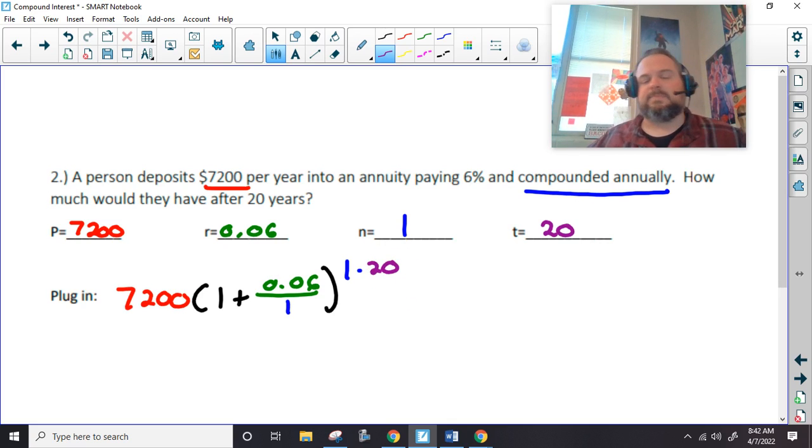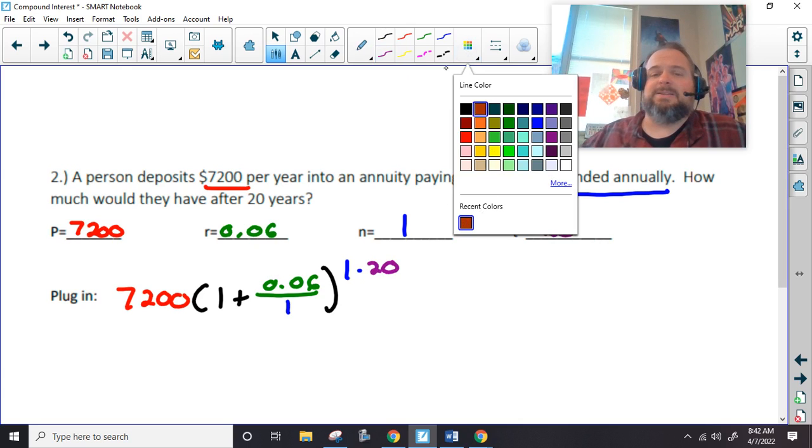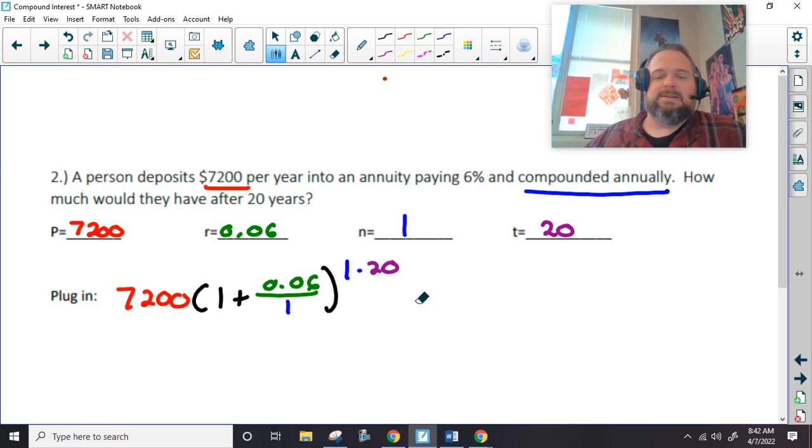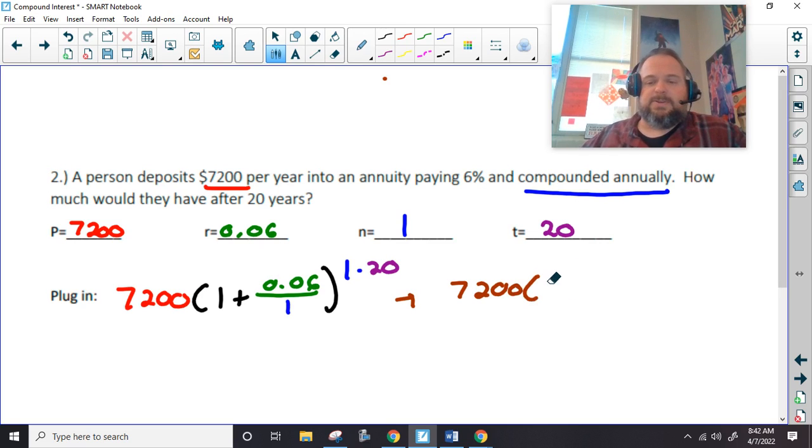Now, that's just me showing you how to plug it in. I would not actually plug it in like this into the calculator because it's being divided by 1, multiplied by 1. I would actually just go ahead and reduce it down. Again, this is just a Mr. Jeffries thing. You would get the same answer.